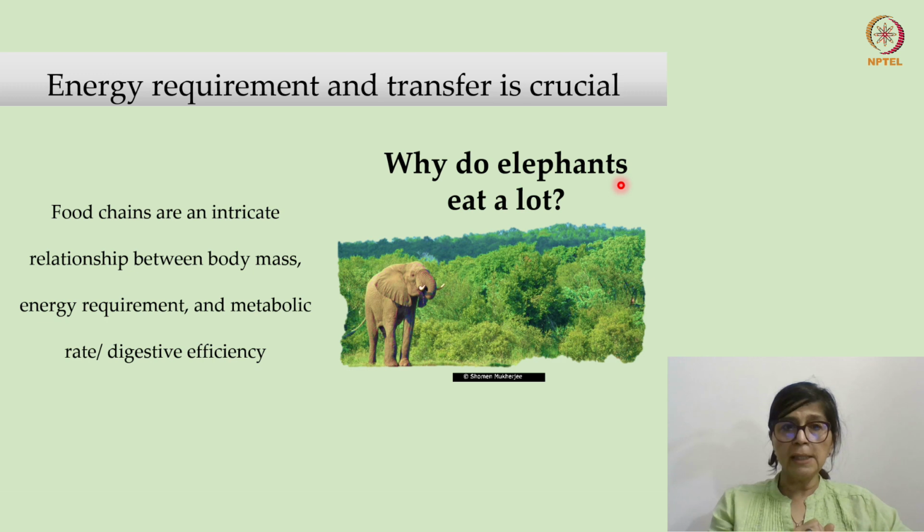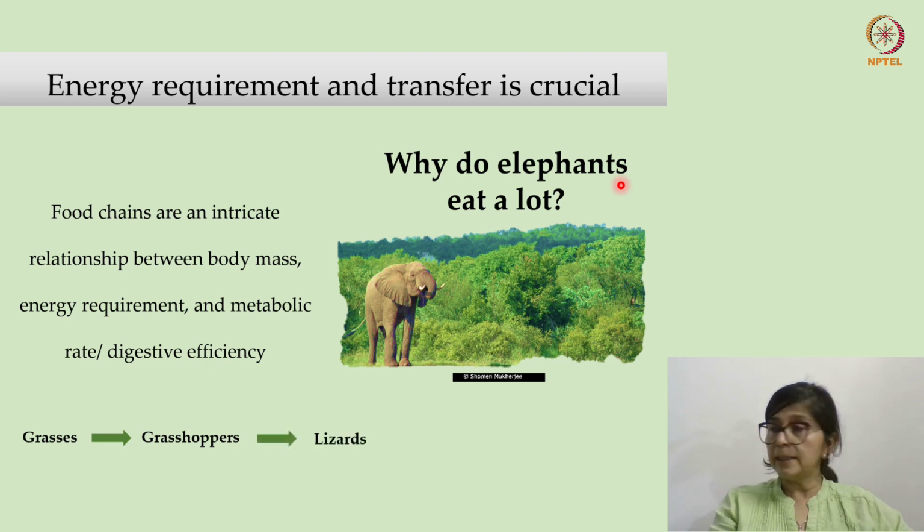So food chains are an integrated relationship between body mass, energy requirement and metabolic rate or digestive efficiency. And this question is what drives how many grasshoppers are eating, how many lizards are eating these grasshoppers, as well as how many kites are eating the lizards.